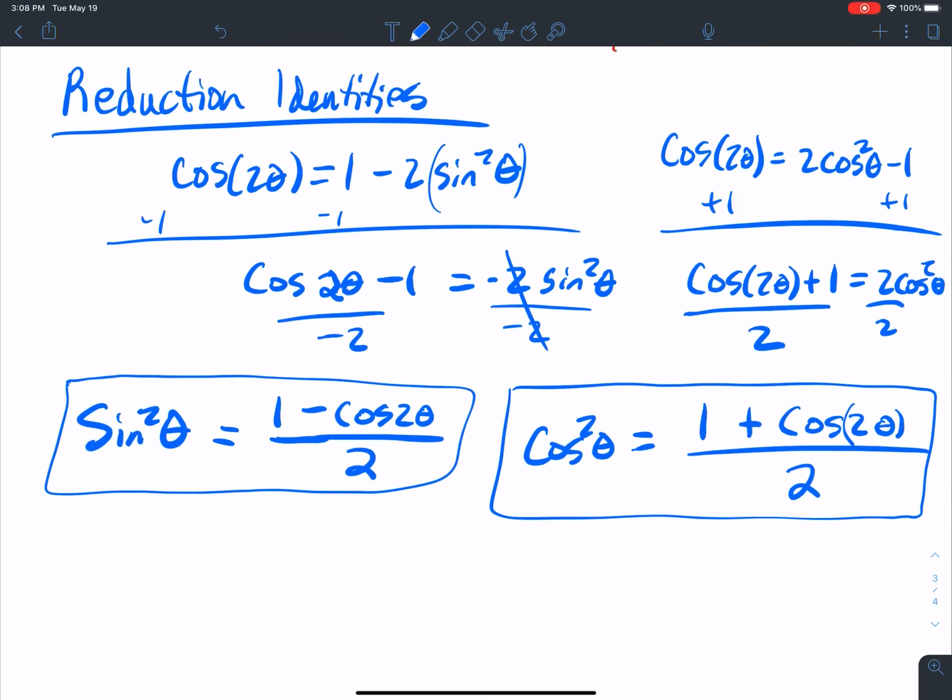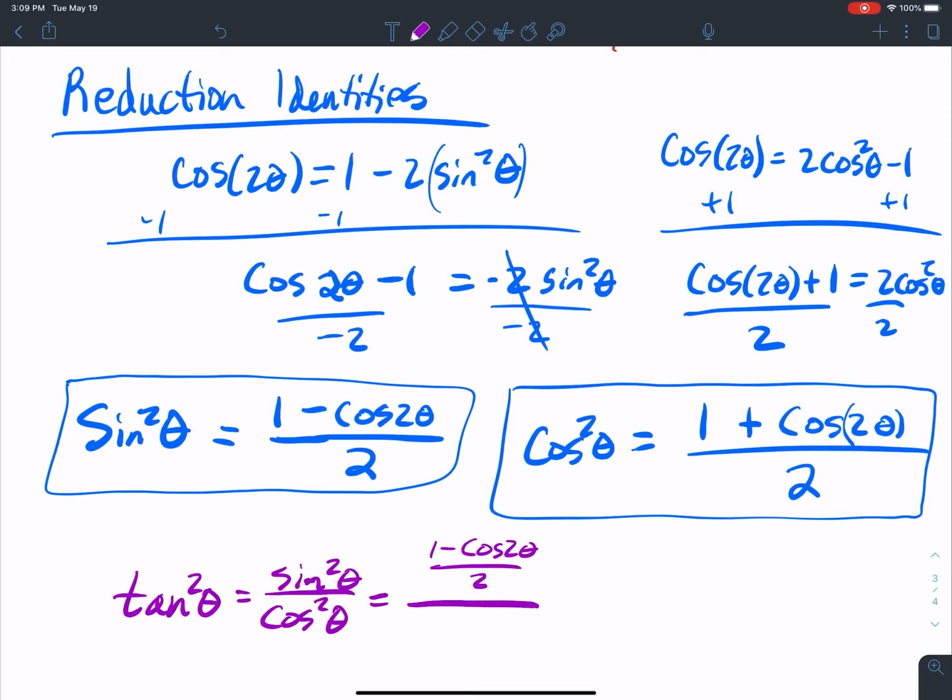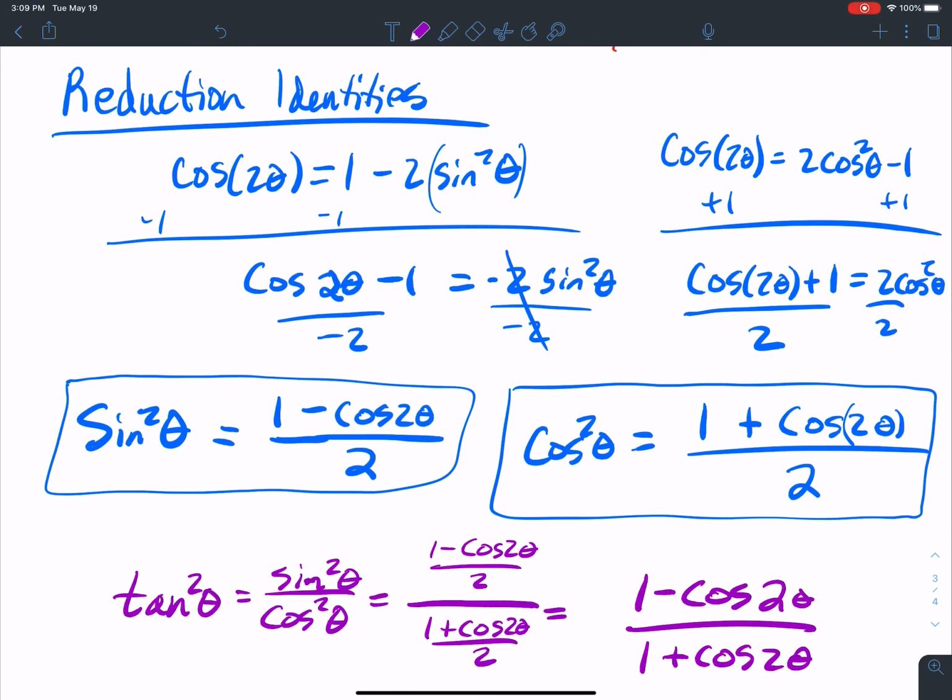You can put them together to get tan squared, because remember, tan squared theta is sine squared theta over cosine squared theta. So that's 1 minus cosine 2 theta divided by 2, divided by 1 plus cosine 2 theta divided by 2. And if you reduce this, you get 1 minus cosine 2 theta over 1 plus cosine 2 theta.